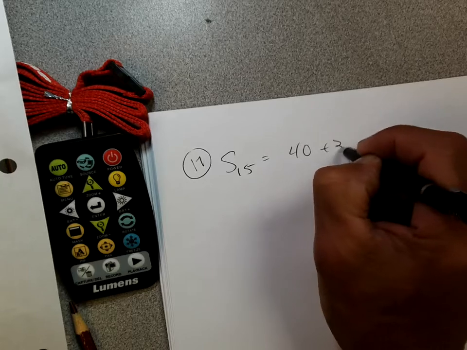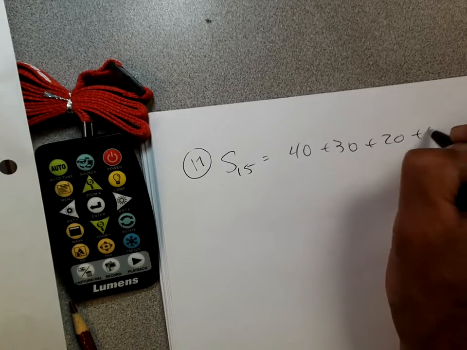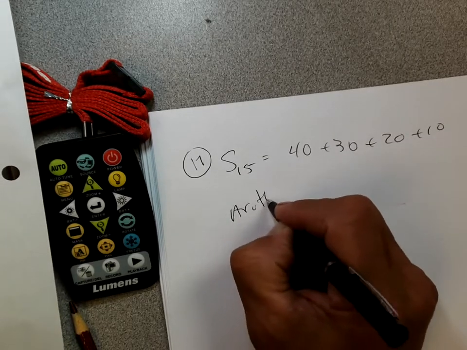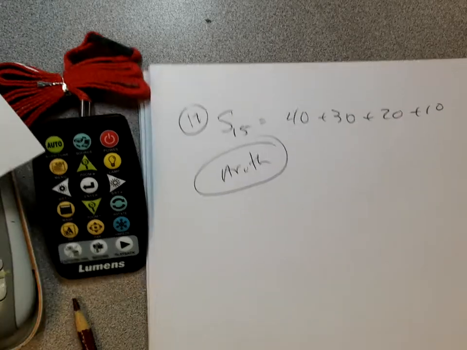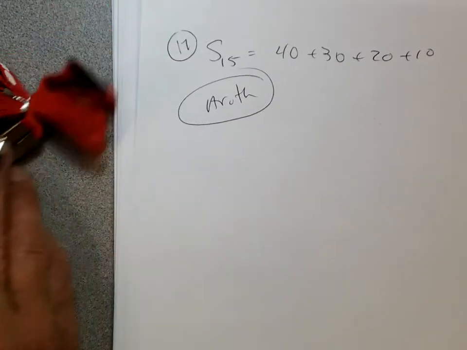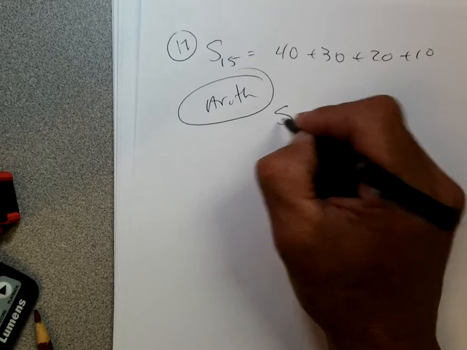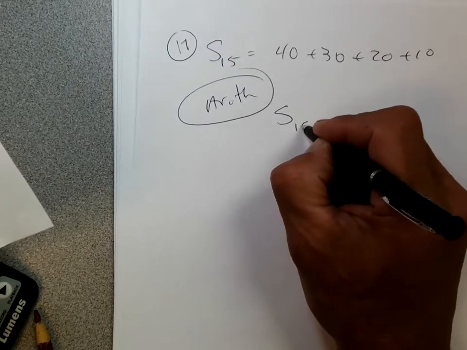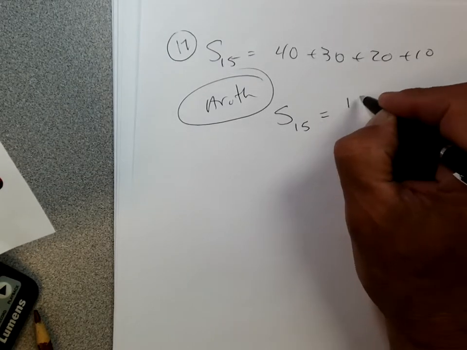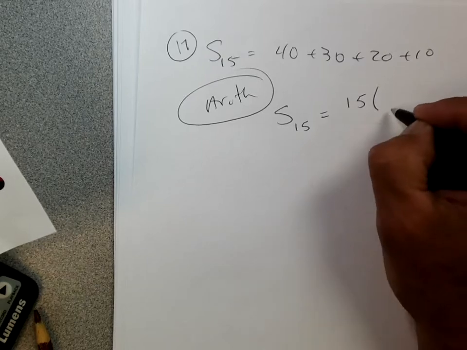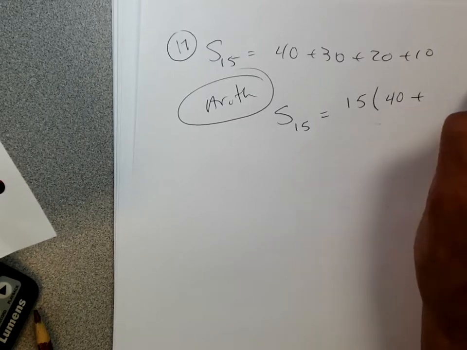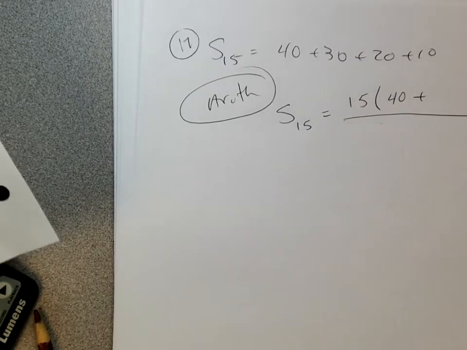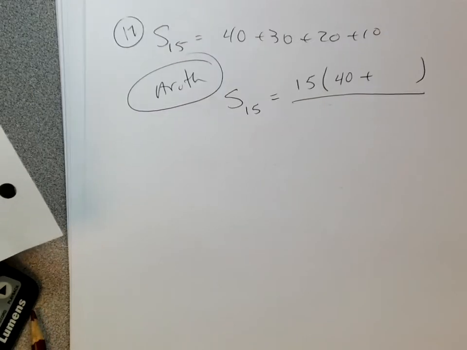So, S of 15: 40 plus 30 plus 20 plus 10. Definitely arithmetic, because I'm subtracting 10. So I have n equals 15, the number of terms, and A1 is 40. I don't know the 15th term, but that's okay because I can find it.